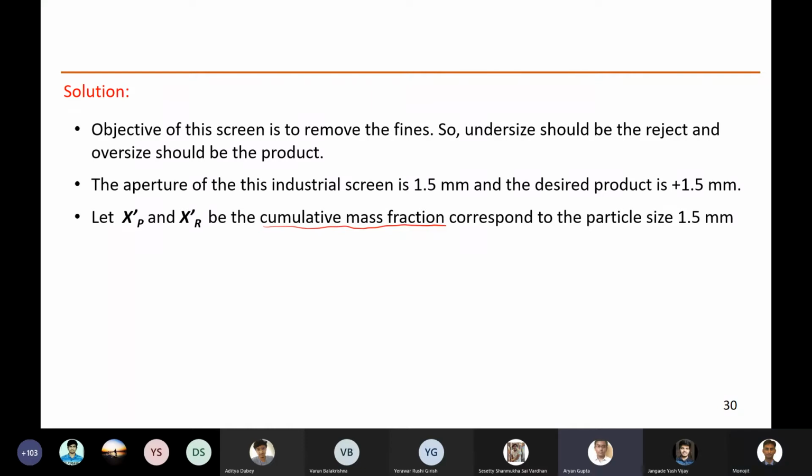Sir, for calculating XP dash, we could have summed up all the oversized mass fractions till that row which was mentioned 1.65. Yeah, but if we do it the conventional way, if we define based on the cumulative mass fraction, okay, first you answer this one. What do you understand if I say cumulative mass fraction corresponding to the particle size 1.5 millimeter?